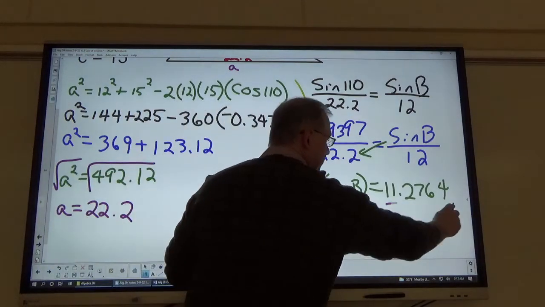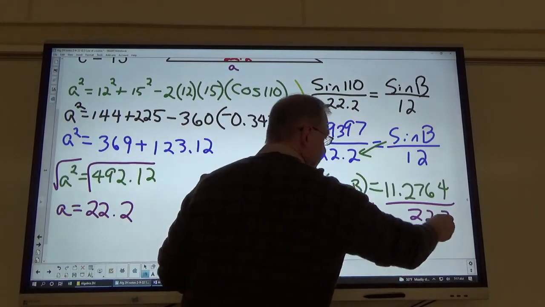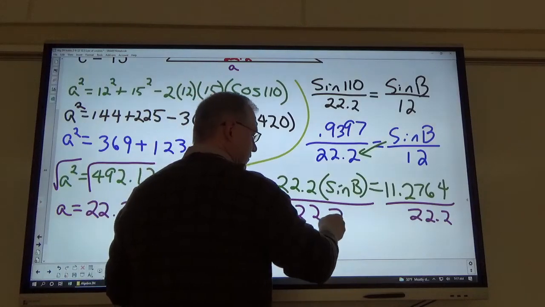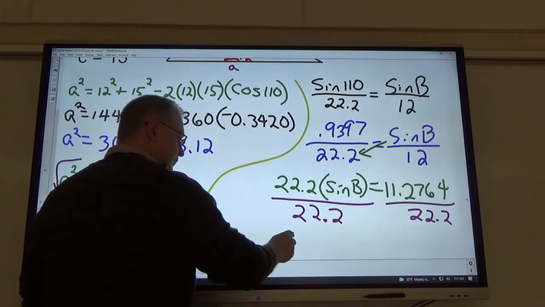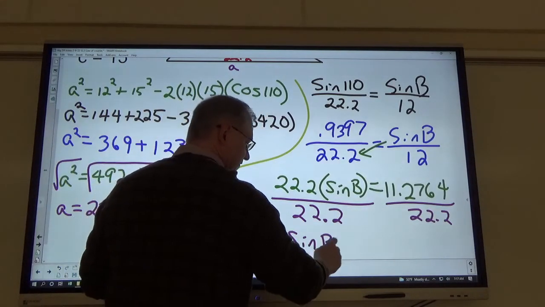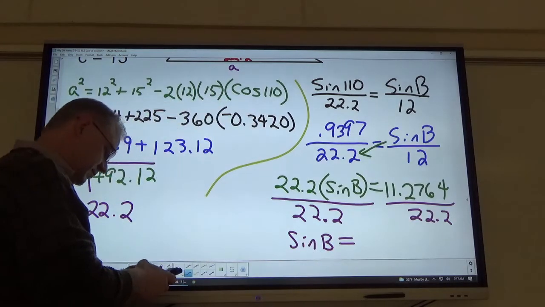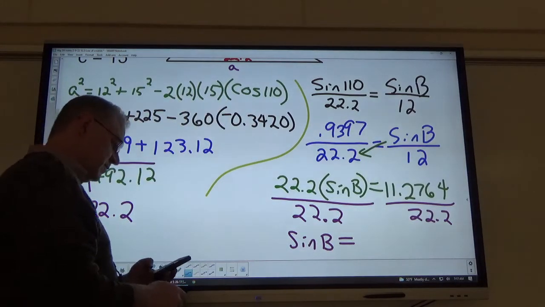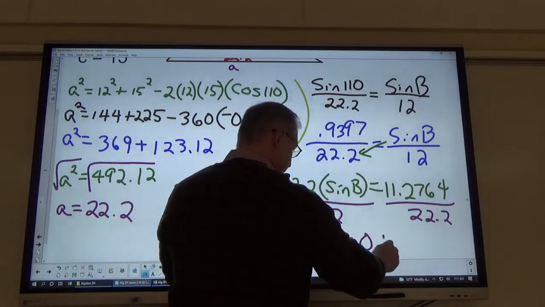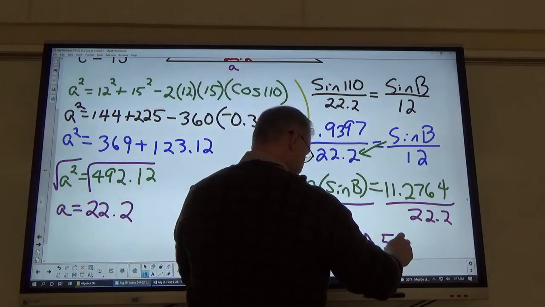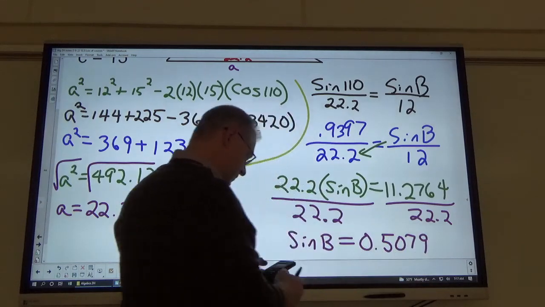Divide both sides by 22.2. Sine of angle B is 0.5079.